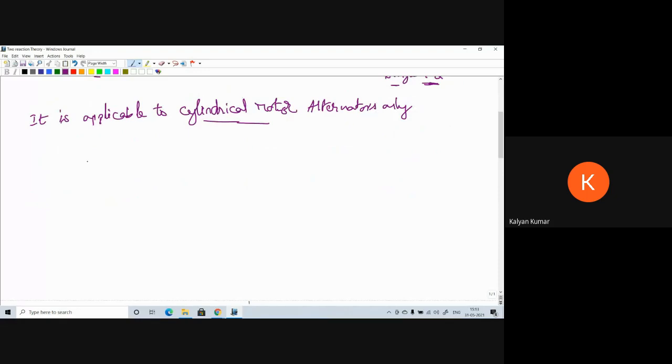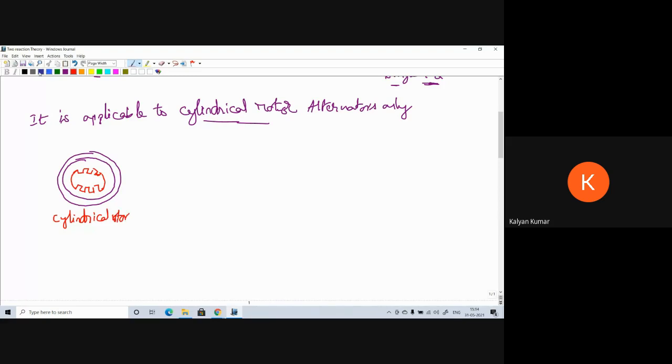Why? Because you see cylindrical rotor synchronous machine, suppose this is stator, then the rotor will have cylindrical shape, and this is cylindrical rotor machine.